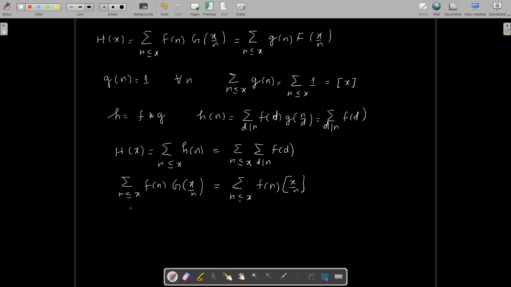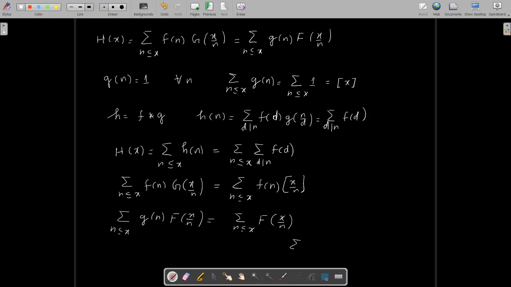Now evaluate the last term, sigma n less than or equal to x, g of n, F of x by n. G of n is 1 always, and F is the partial sum of small f, so that will be equal to F of x by n.